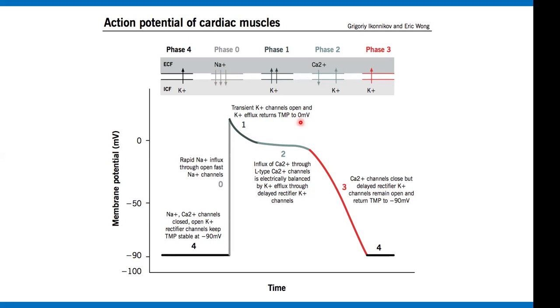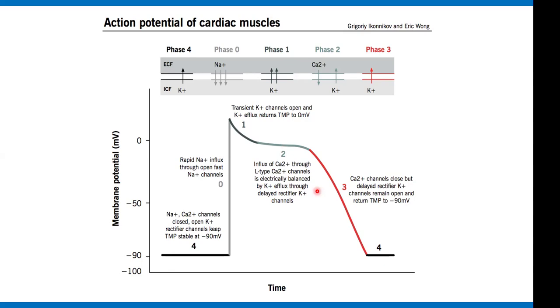We also have these transient potassium channels that open shortly and close. And then for phase 2, like I said, it's a counterbalance between what? Calcium channels and potassium channels. So you have calcium influx and potassium what? Efflux.